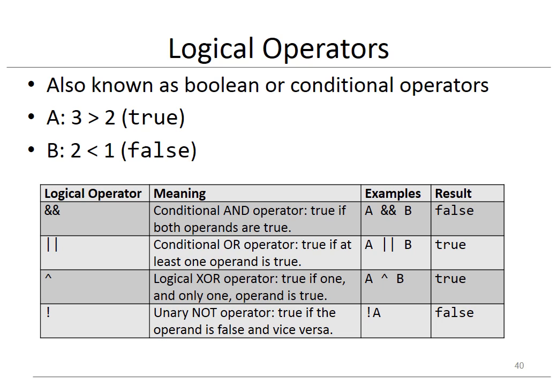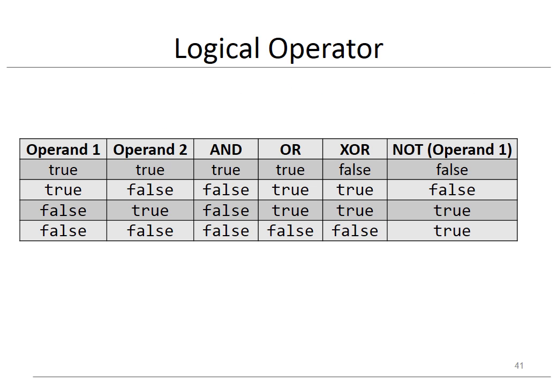The unary NOT operator evaluates to true if the operand is false and vice versa. In our example, NOT A evaluates to false. Here you can see the truth tables for the Boolean operators AND, OR, XOR, and NOT. It lists the outcomes for the various possibilities of the operands.